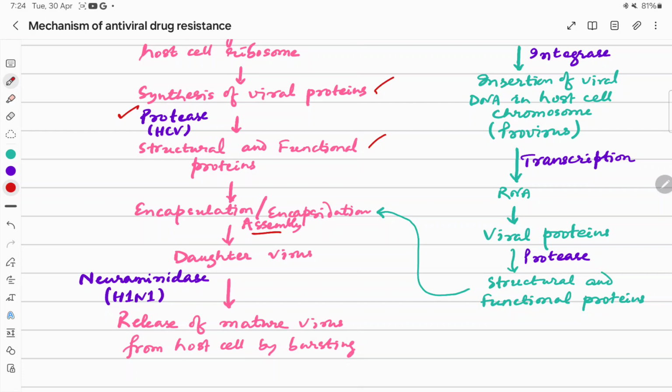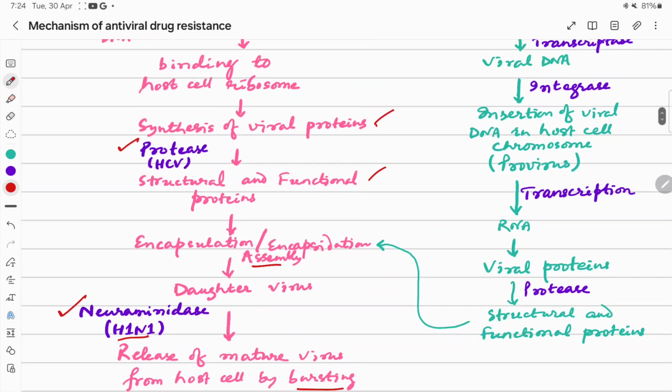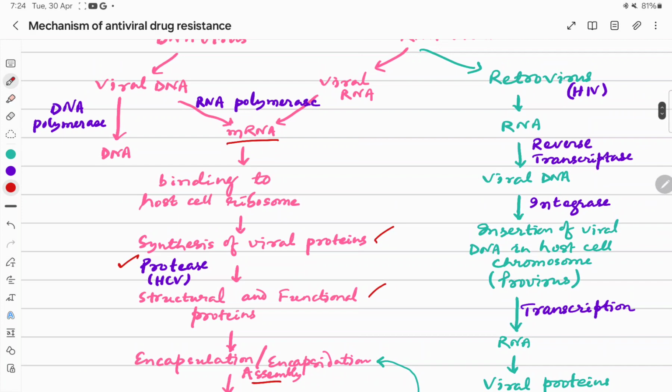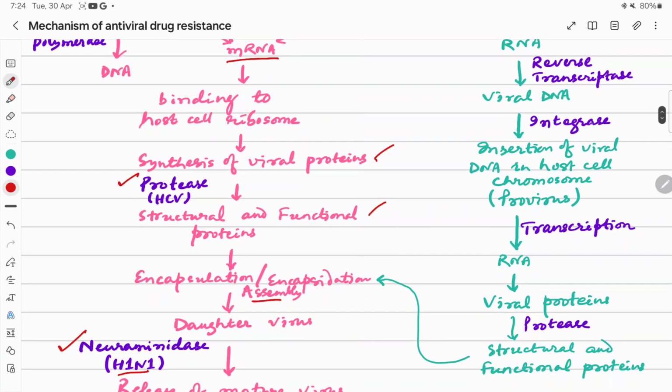The mature viruses are released from the host cell by bursting, and in case of H1N1 virus, the enzyme required is neuraminidase. In case of retrovirus, that is HIV, RNA is released, which by the action of reverse transcriptase is converted to viral DNA. Then by the action of integrase, this viral DNA is inserted into the host cell DNA or host cell chromosome.